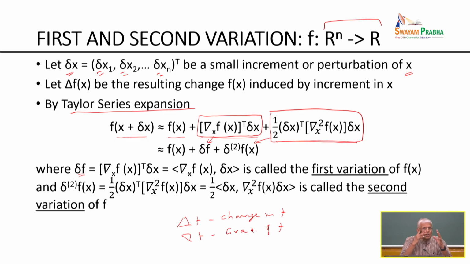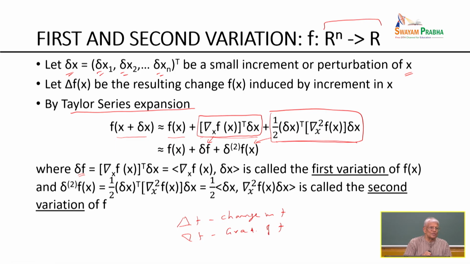So it is the magnitude of the directional derivative of f along the direction delta x, and that is given by the inner product. What is the second variation? The second variation is given by the value of the quadratic form, delta x transpose Hessian times delta x.